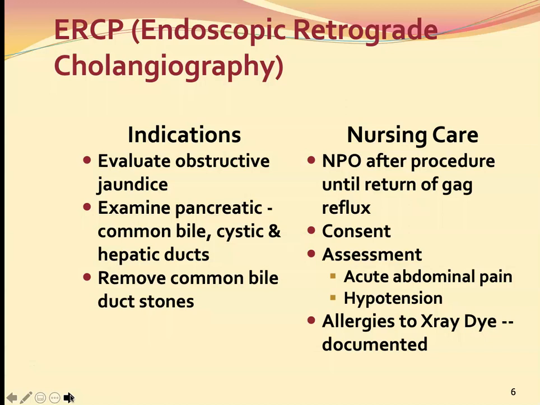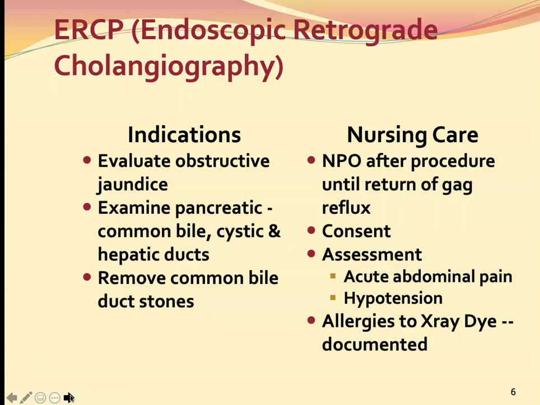For the ERCP, we evaluate obstructive jaundice, and examine the pancreatic, common bile, cystic, and hepatic ducts. It also can be used to remove common bile duct stones. So NPO, and that's me repeating, NPO before and after the procedure.